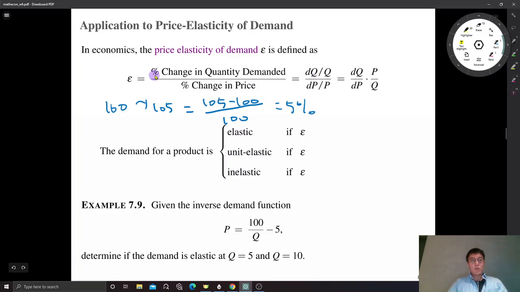Likewise, when we compute the percentage change in quantity demanded, if we consider a tiny change in quantity demanded, we can replace it with dq, and then we need to divide it by q. So we obtain this expression. That is the formal definition of point price elasticity of demand, or just price elasticity of demand.